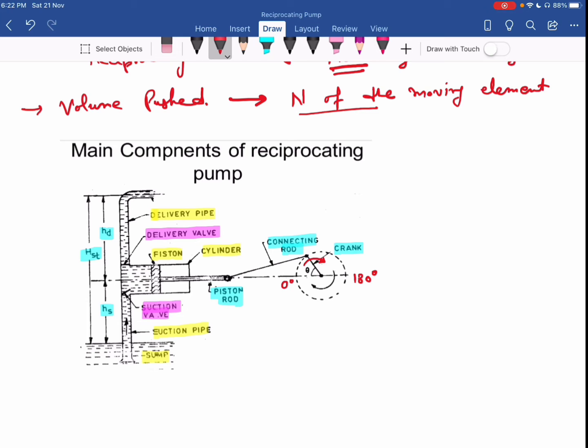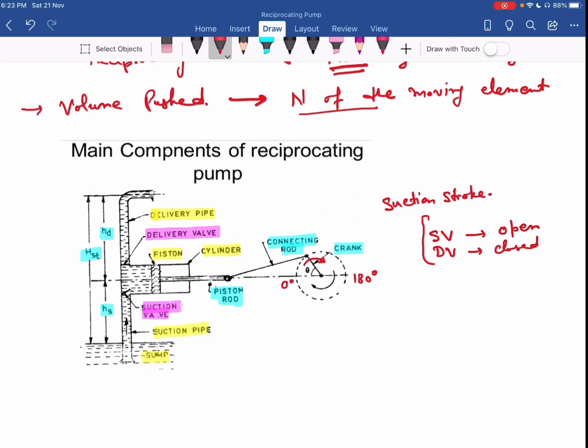During that, my suction valve is open and delivery valve is closed. So that movement of the piston is called the suction stroke.